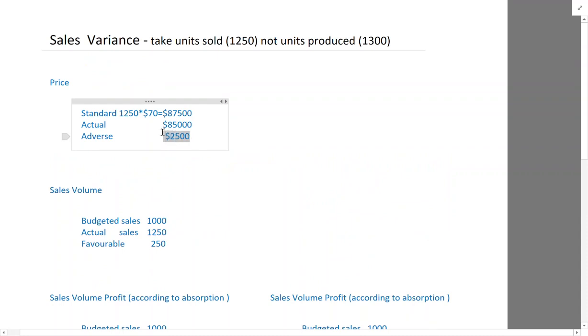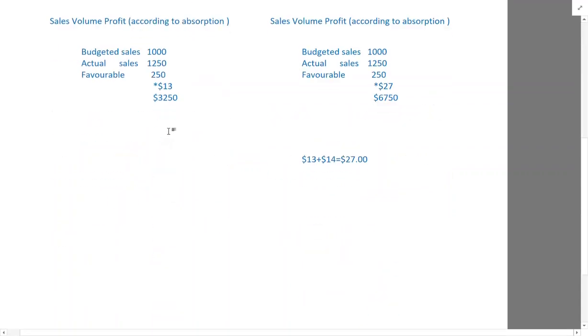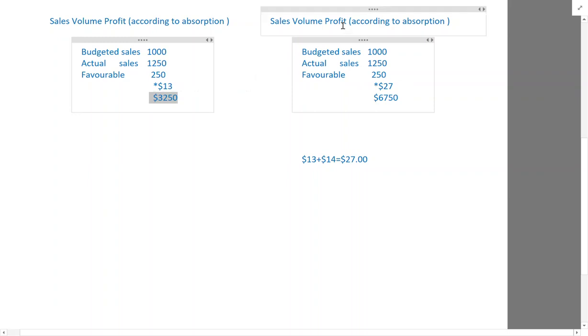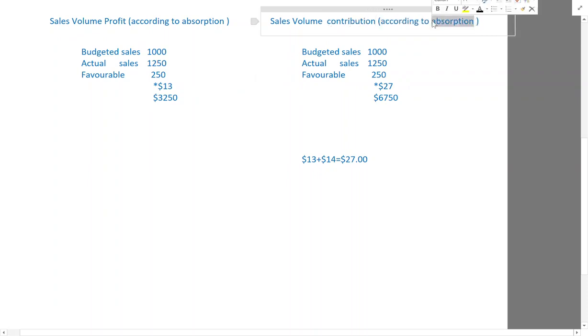We have earned 2,500 less by selling it cheaper, but that resulted in sales units being more. And according to absorption costing, we earn more, 3250. According to marginal costing, this will be called sales volume contribution. According to marginal costing.